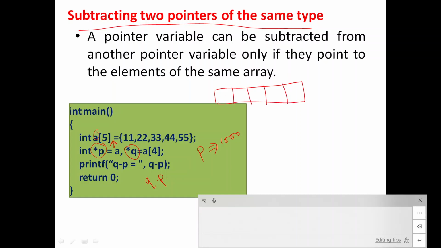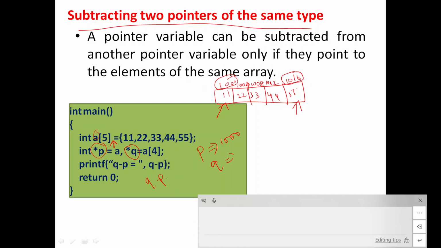The array contains 5 elements: 11, 22, 33, 44, 55. The starting address is 1000, 1004, and so on. Since it is an integer, it is incremented by 4. So 1008, 1012, 1016. So p points to A[0] and q points to A[4]. The value in p is 1000, and the value in q is 1016.